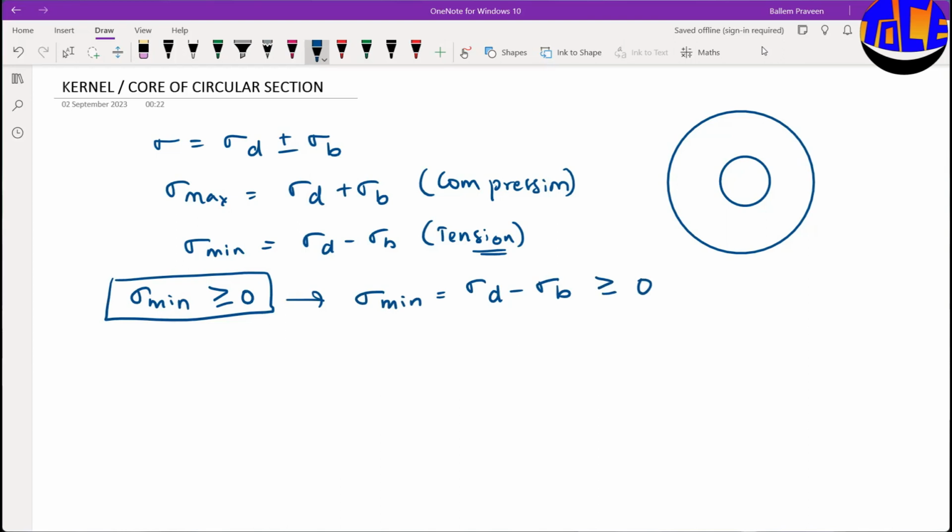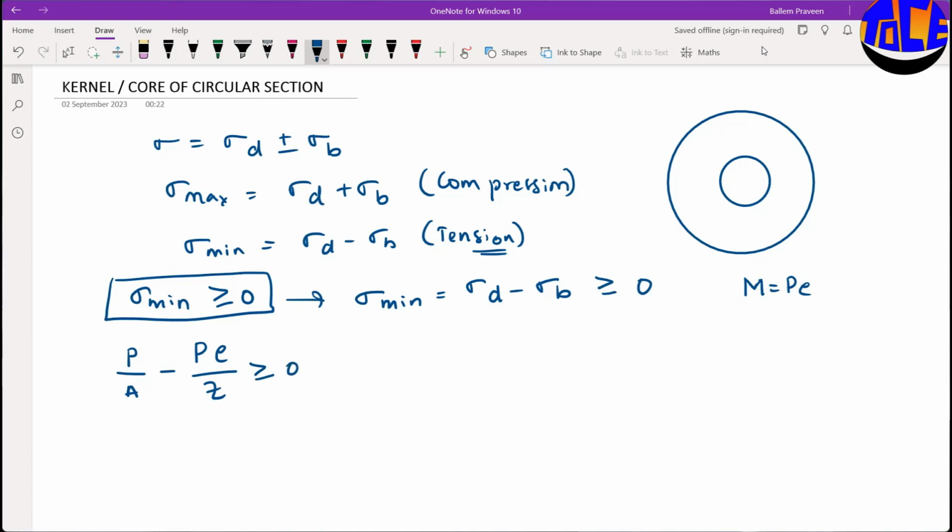Sigma d is nothing but the direct stress, that is P by A, minus sigma b, which we can write as moment by Z. Here M is equal to P into E, which is the moment. Divided by Z, you get the bending stress. So it should be greater than or equal to zero.